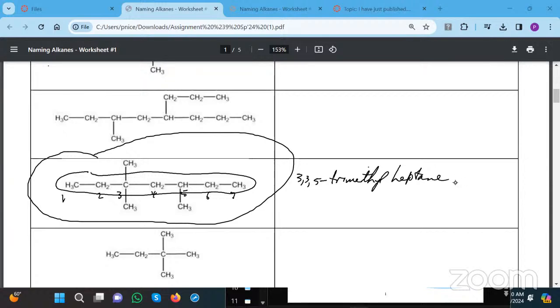All right. Now, I just realized something. You may have gotten it correct for the one just before this one that we just did. So let me clear the drawings.